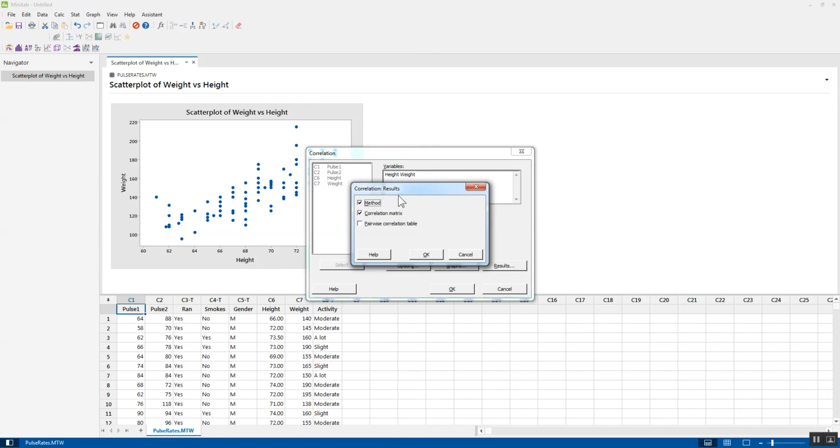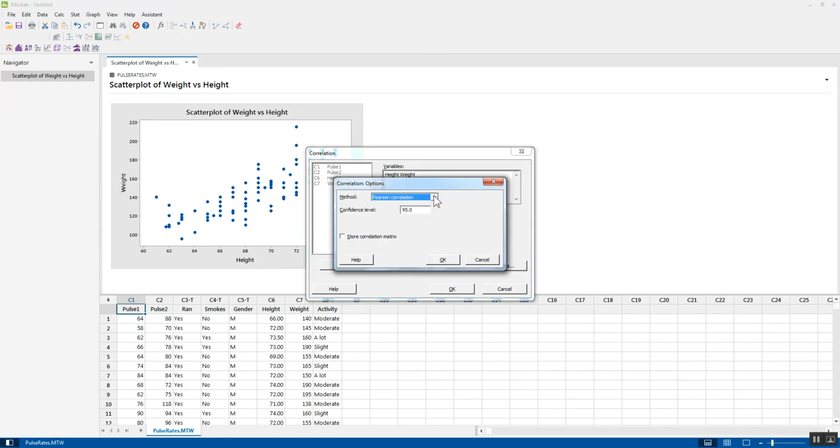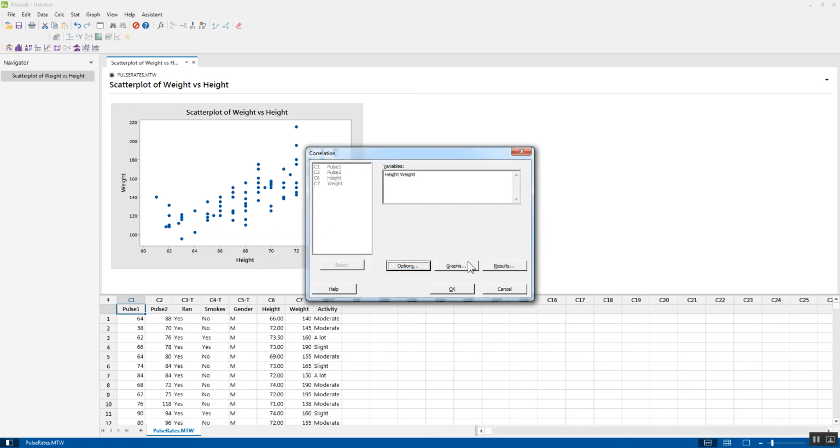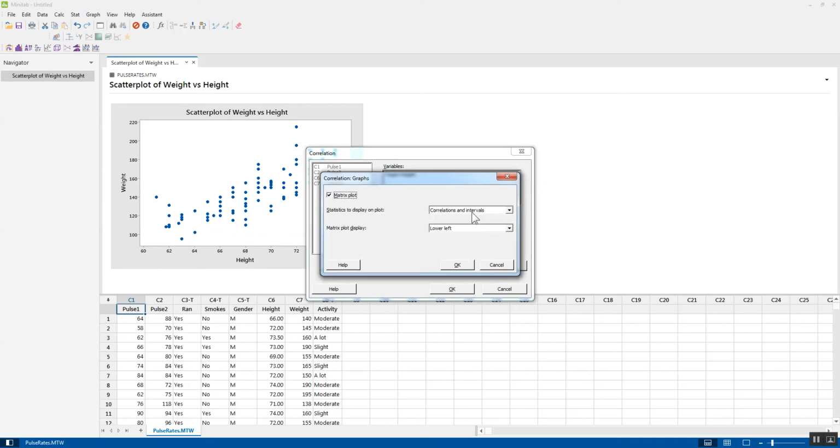Hang on. Pearson correlation. Somewhere is an option to choose whether we want statistics to display on the plot, correlations and their intervals. No, we will display correlations and p-values because that's what we've been used to.